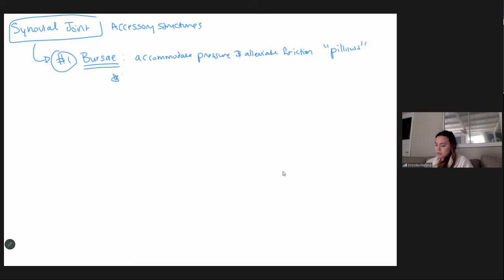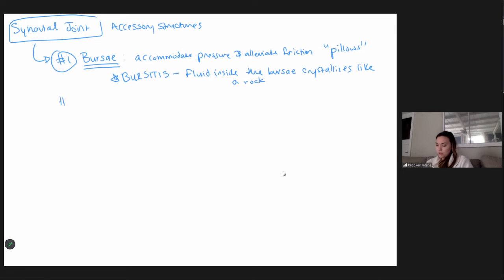For the test, you need to know that there is a condition called bursitis. This happens if the fluid inside the bursa crystallizes and forms like a rock. So instead of having pillows in your joints, now you have little rocks. So it's very uncomfortable, obviously, and this is called bursitis.